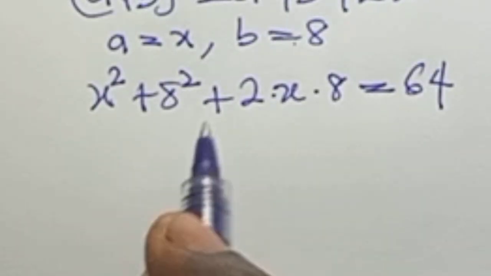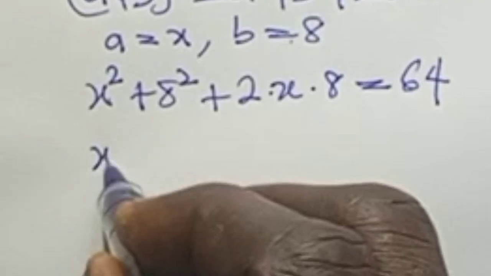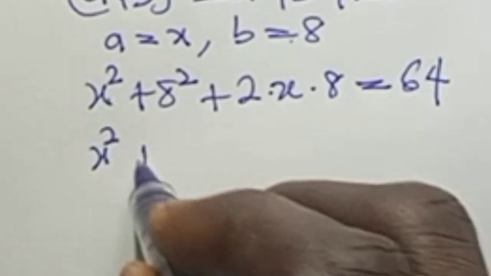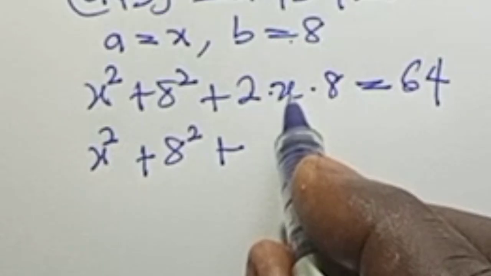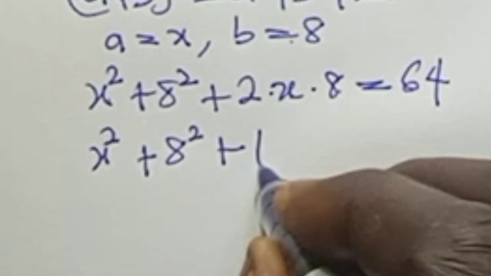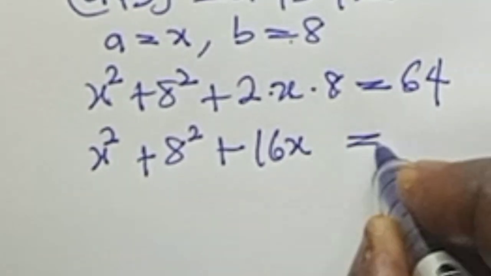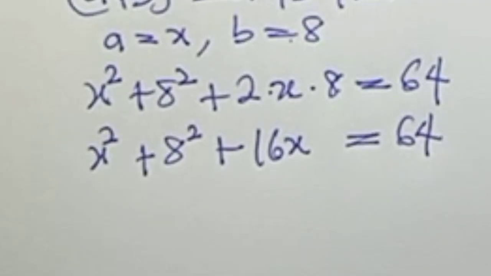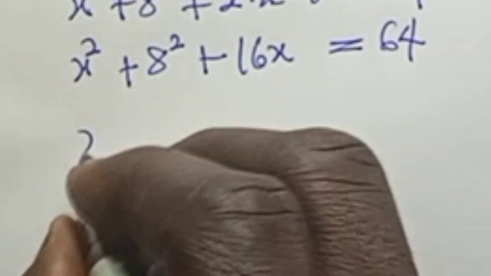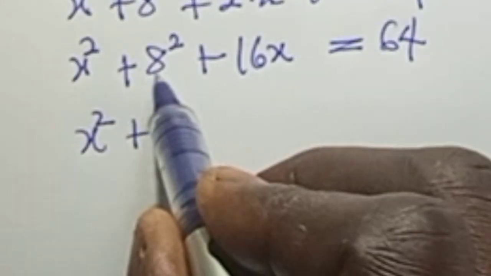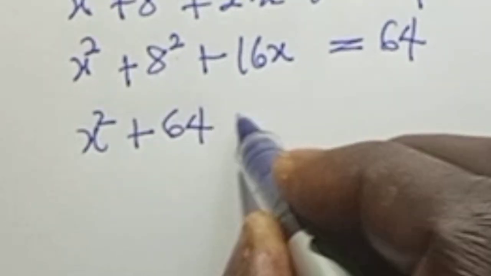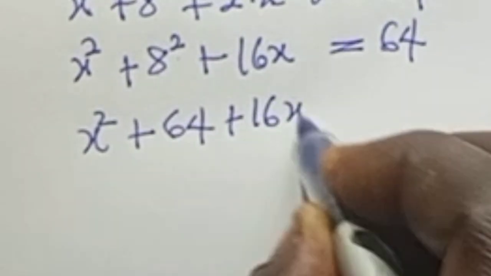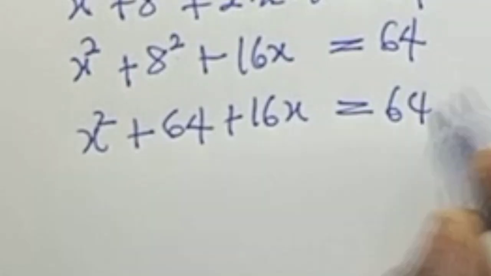And if we simplify further, we have x² + 8² + 2 times x times 8, that is 16x, all equal to 64. And x² plus, but 8² is the same as 64, plus 16x equal to 64.